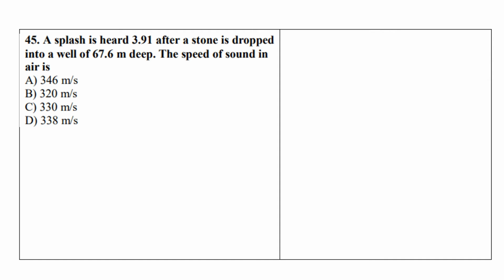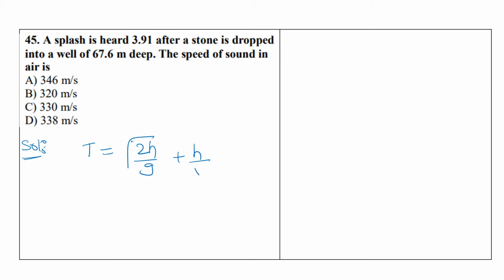A splash is heard 3.91 seconds after a stone is dropped into a well of 67.6 meters deep. The speed of sound in air is. Now let us go to the solution. Here we are finding the speed of sound.